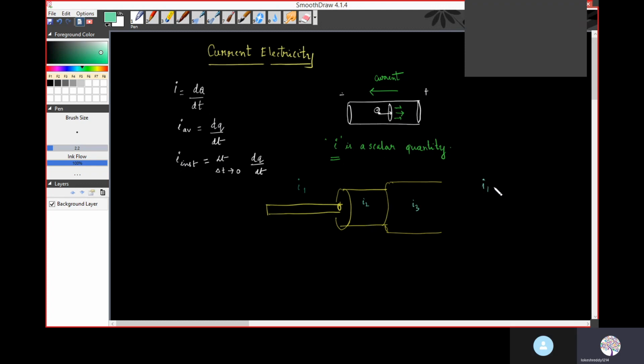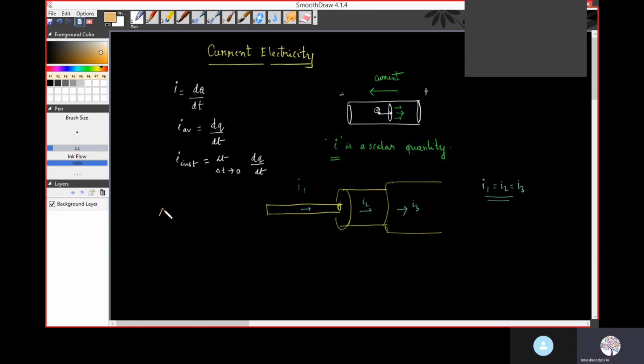We write I1 is equal to I2 is equal to I3. Current will be the same. So for a given conductor, the current does not change with the change in the cross section area.